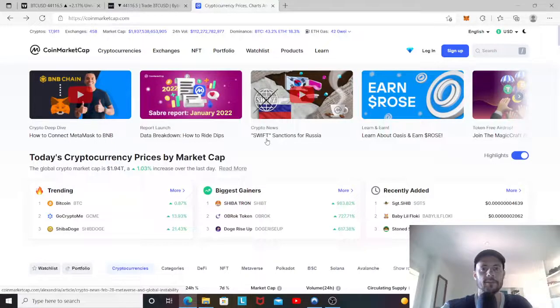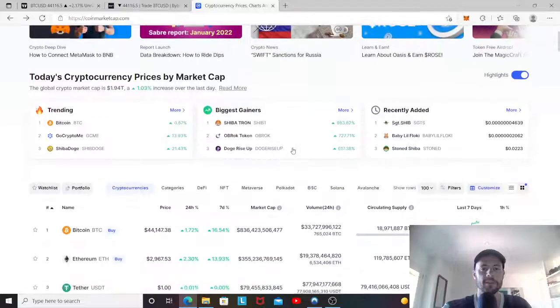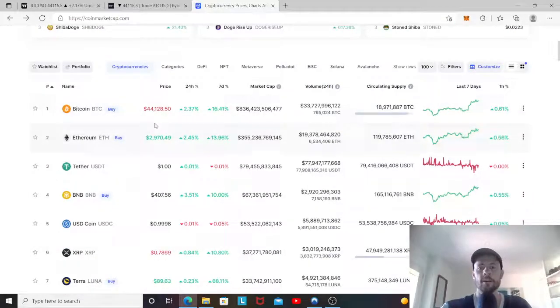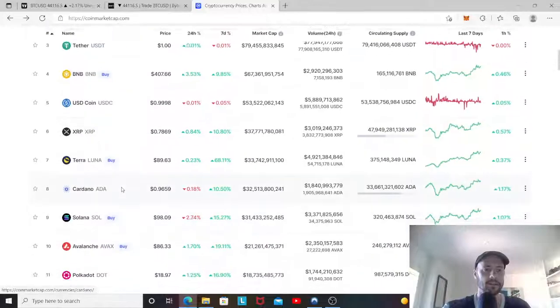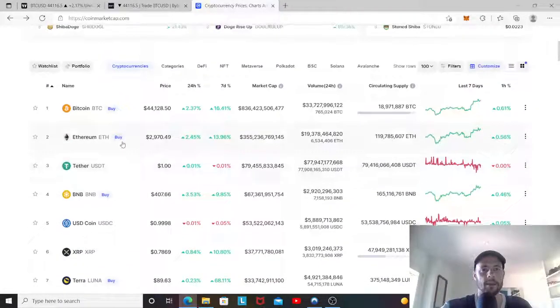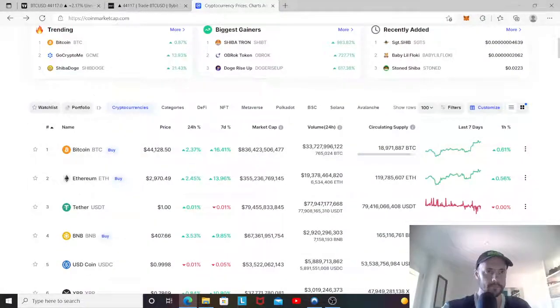Now, this main homepage is probably what you'll be using the most on here. If you scroll down, you'll just see all the cryptos listed from highest market cap down. So you got Bitcoin, then Ethereum, Tether, BNB, etc. And it shows you all the prices, the price change last 24 hours, last 7 days.